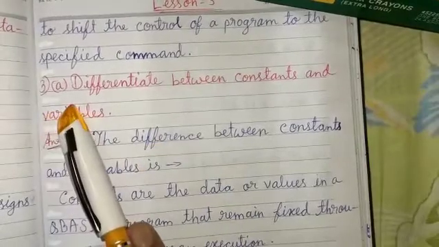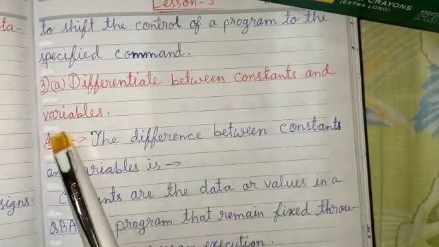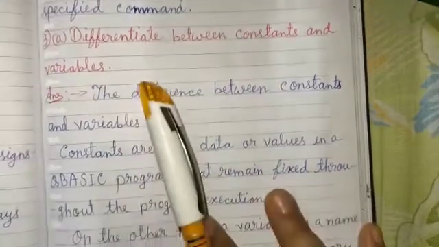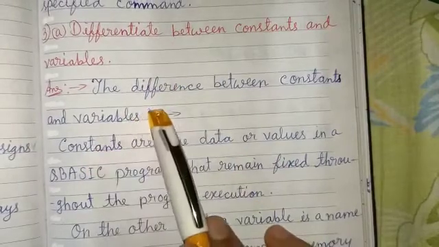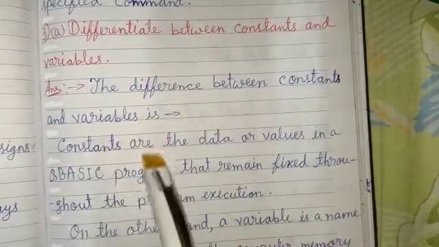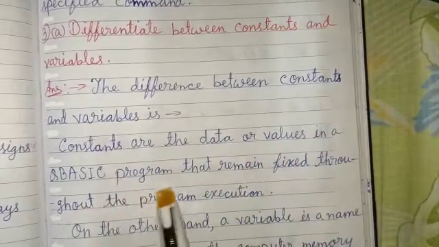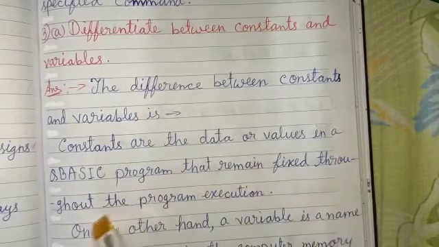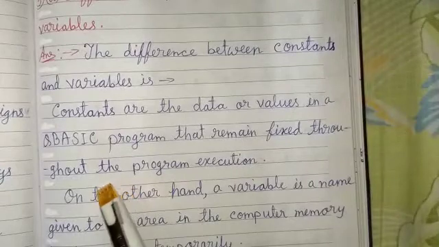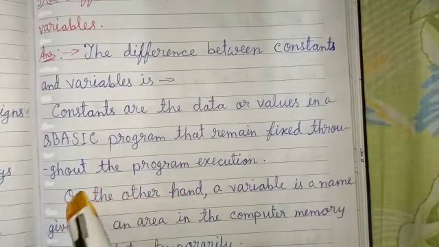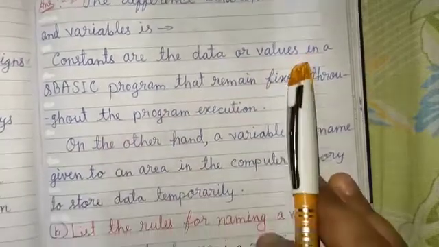Next, question number 3a. Differentiate between constants and variables. So, we have to give the difference between constants and variables. Constants are the data or values in a QBasic program that remain fixed throughout the program execution.